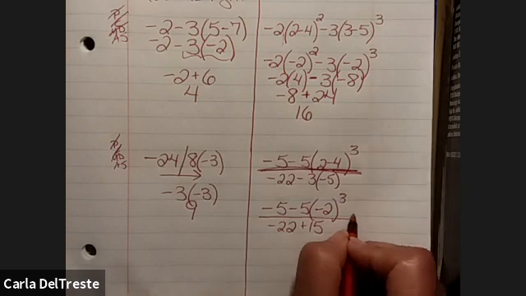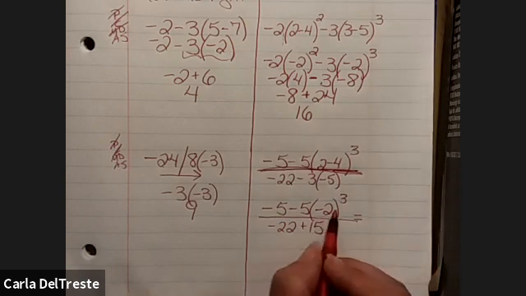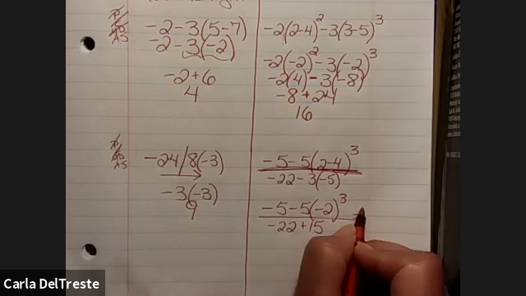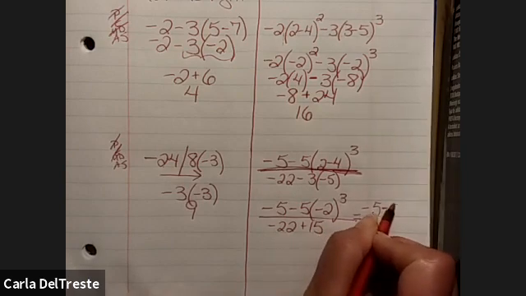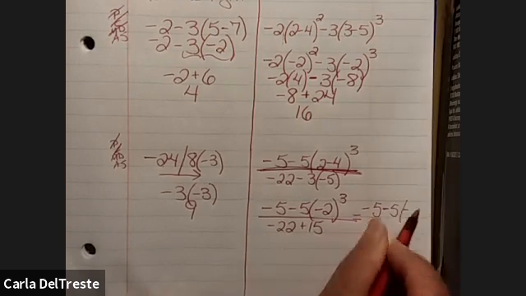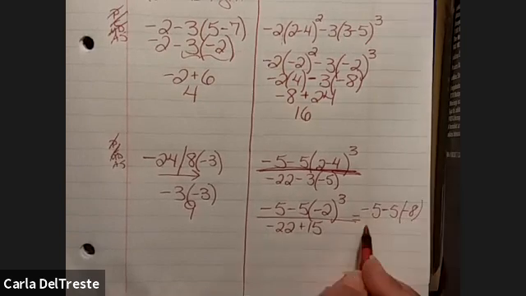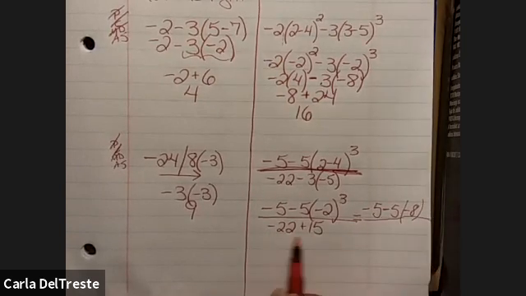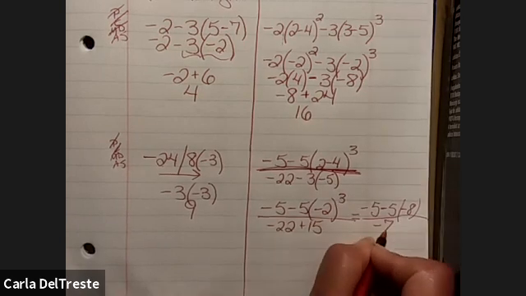Then, back in the numerator, we have exponents next. So this is -5 minus 5 times -8 over, I can do, again, this separately. So -22 plus 15 is -7.